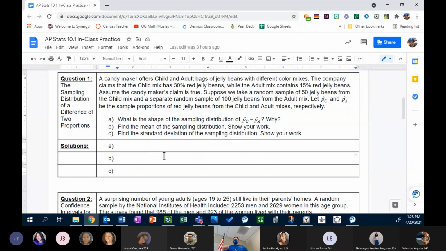I do recommend doing some of these things by hand just for the practice. If you have your graphing calculator, you should be starting to practice using it, especially if you're taking the AP exam, because that's what you're going to be able to use. Using your phone or a calculator from Google isn't going to be the same.